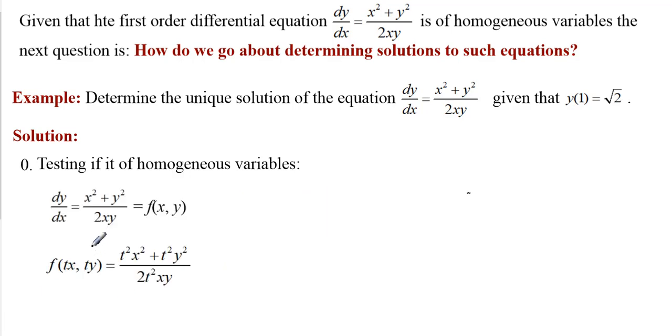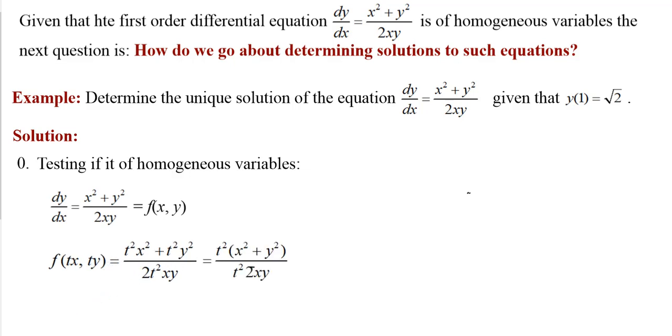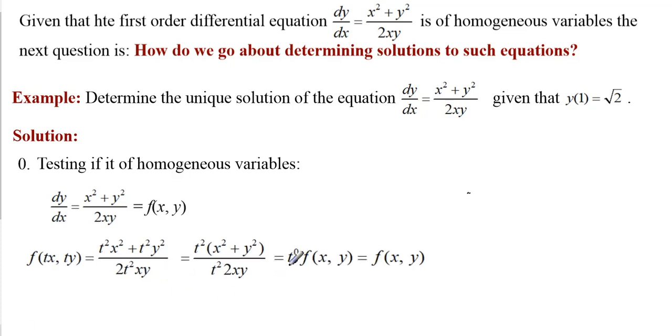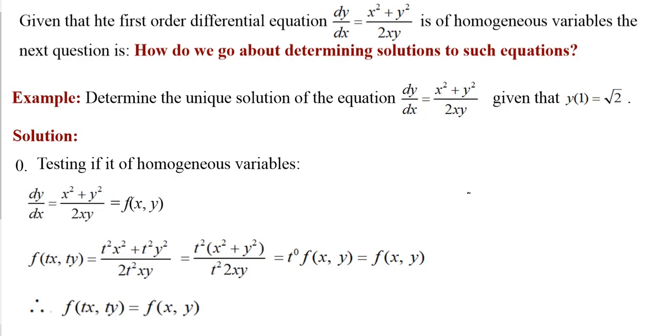We start by evaluating the function at tx, ty, and simplifying, we get this expression, which we further simplify to get t to the power 0 multiplied by f of x, y, which is simply f of x, y. So we would conclude that this function is of homogeneous variables of order 0.